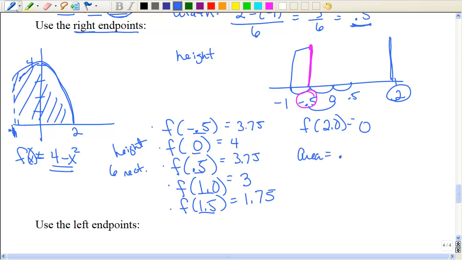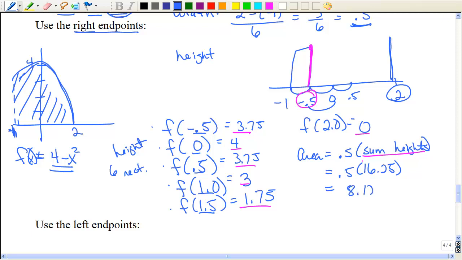So my area is going to be 0.5 times the sum of the heights. So I'm going to add up all of these numbers. That's going to be the sum of the heights. And so I get a sum of 16.25. I'm going to multiply that by 0.5 and get 8.125. And so that's the approximate area of that graph.